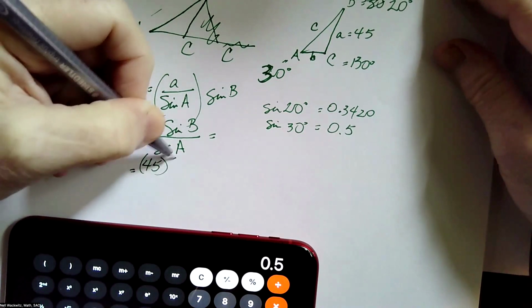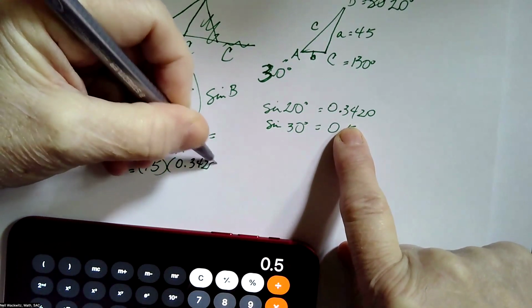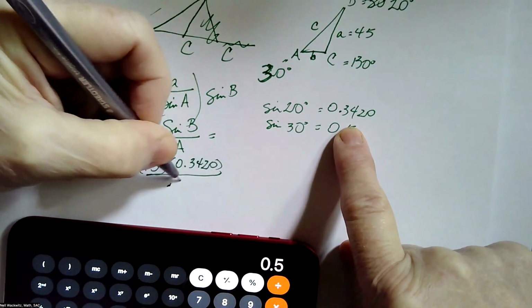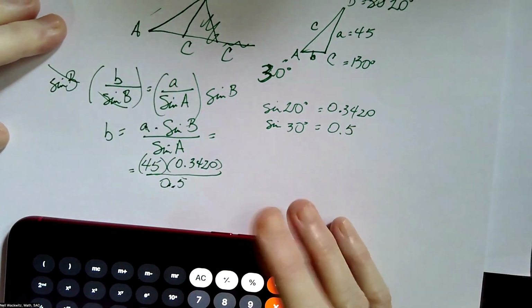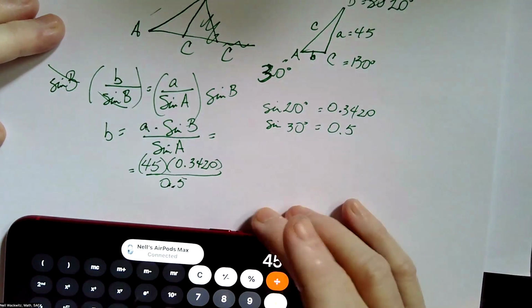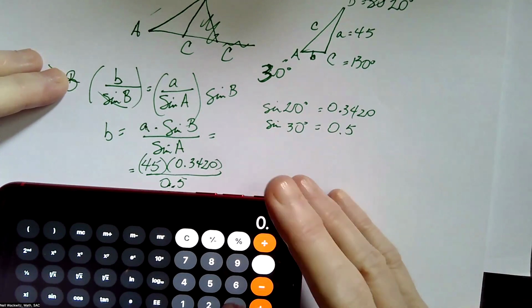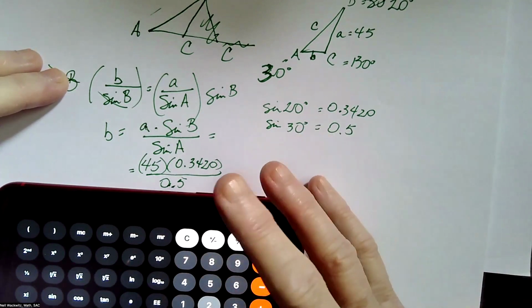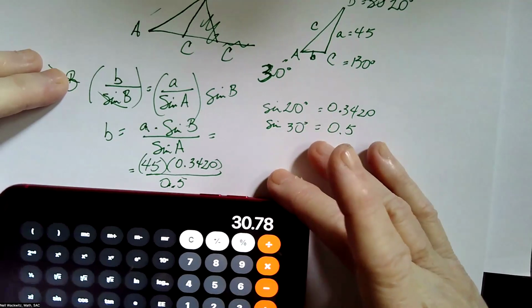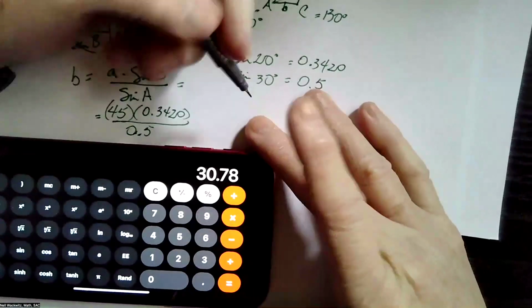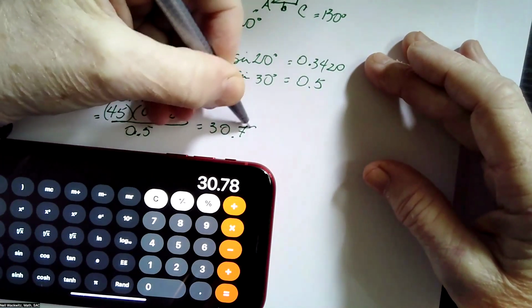45 times 0.3420 divided by 0.5. So b is equal to 30.78.